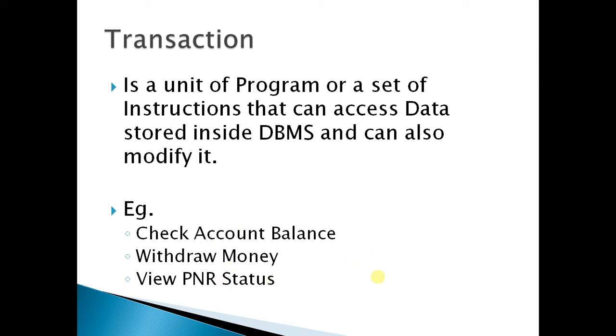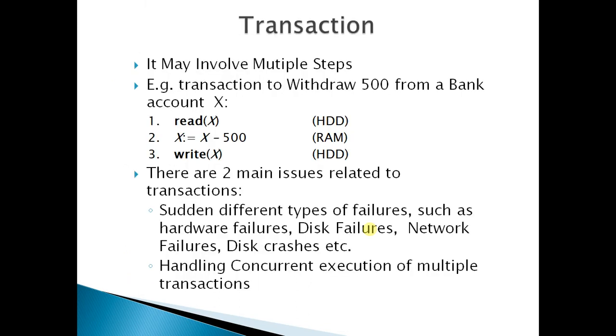A transaction may involve multiple statements. Suppose you withdraw 500 rupees from a bank account X. It may involve multiple programming steps, but here we are taking only three for illustration. First of all, read the value of account X, that is the balance amount.